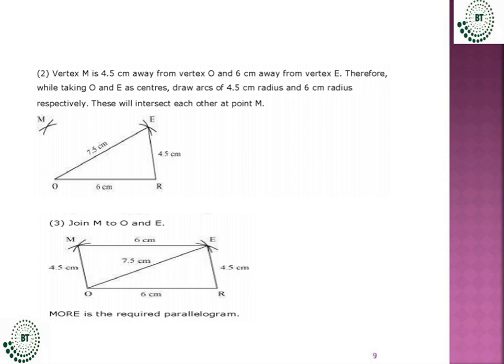Where both the arcs meet, that will be point M. Now you have to join the point M with O and E, and also write their lengths. On OM you have to write 4.5 centimeters, and on EM you have to write 6 centimeters. So now following these steps, we have constructed the parallelogram, that is MORE is the required parallelogram.